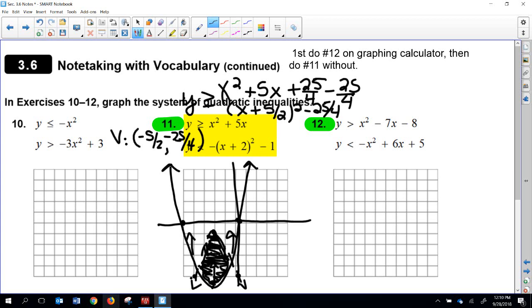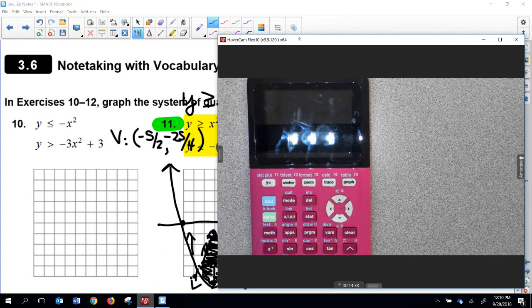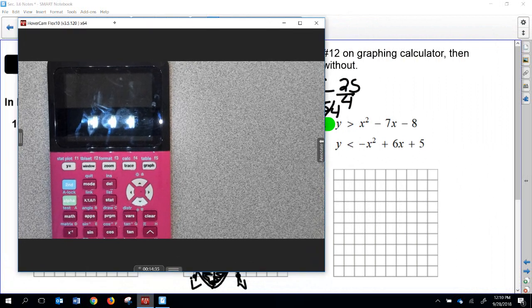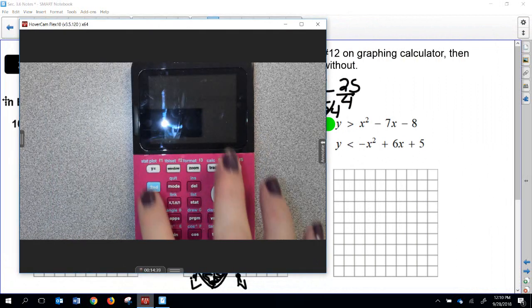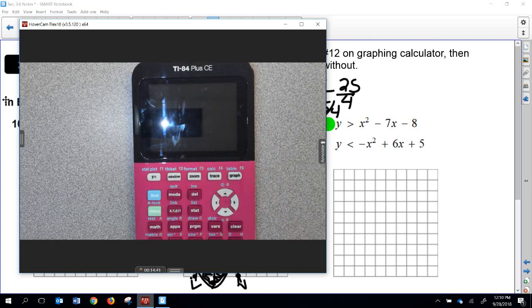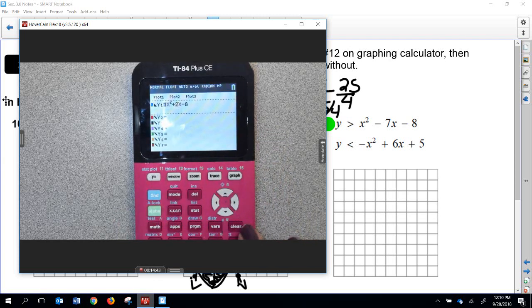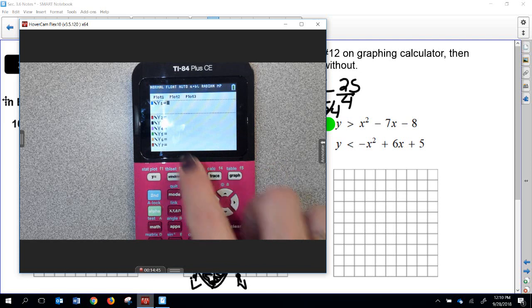We can also do these on the calculator. So let's look at number 12 on the calculator. I'm going to go to y equals, clear out. If you hit clear twice, guys, that'll go back to a normal one.